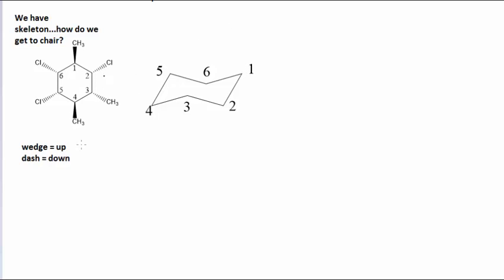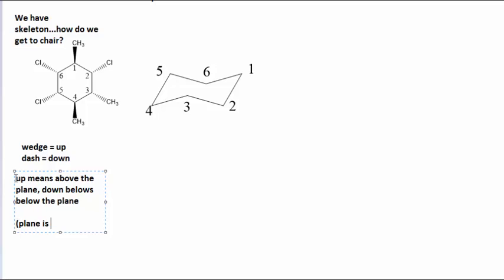So if we see a wedge, we want that substituent to be up. Now, what do I mean by up? Let me define it even more strongly. Up means above the plane, down means below the plane. Plane is the ring. So if you're above the ring, you're up. If you're below the ring, you're down.